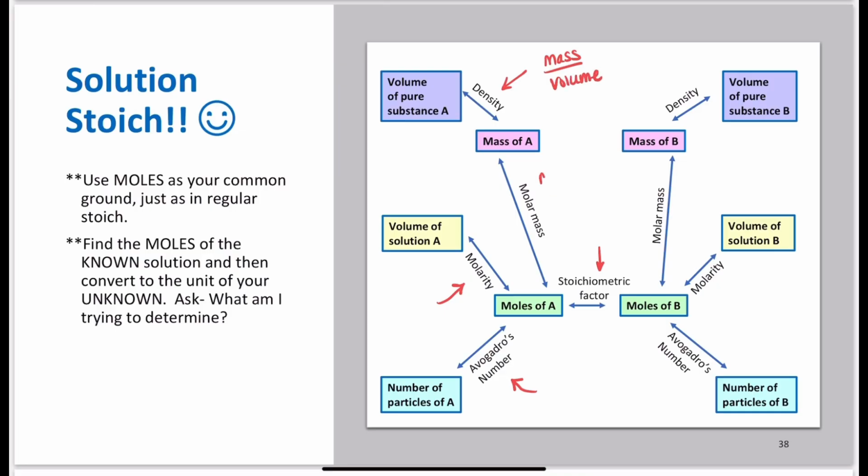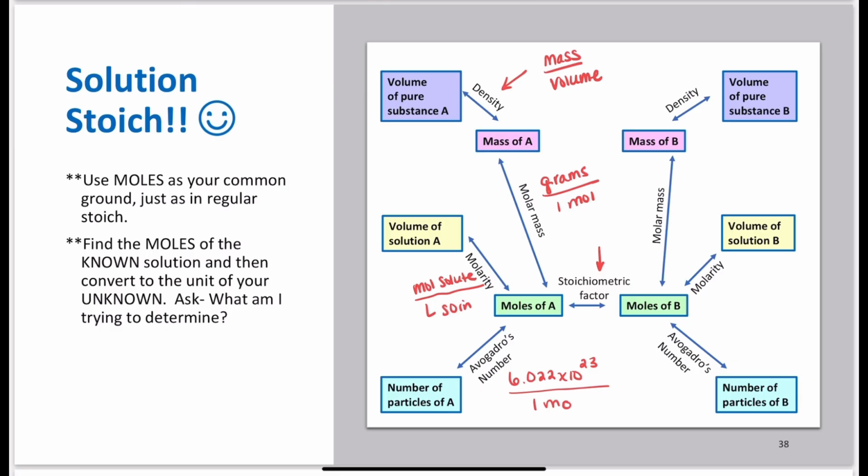Molar mass is the mass of 1 mole of material, so the mass in grams of 1 mole of that material. Molarity is the moles of solute over liters of solution. Avogadro's number, that tells me that every mole of something has 6.022 times 10^23 of that thing.